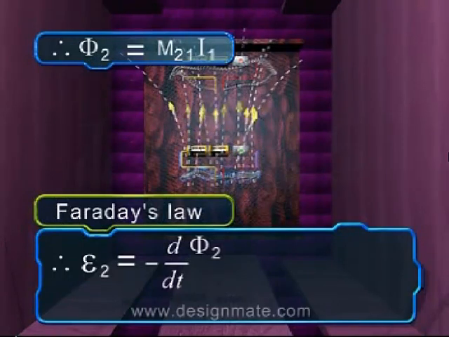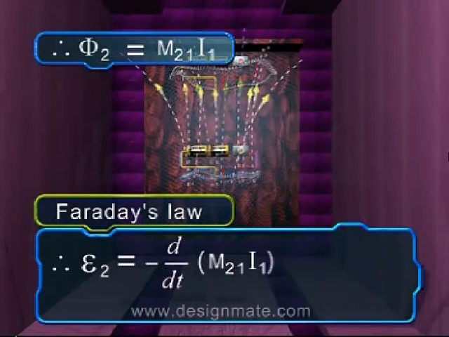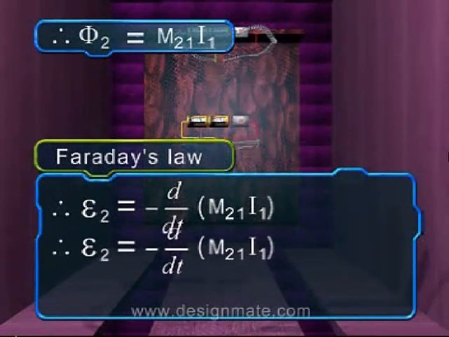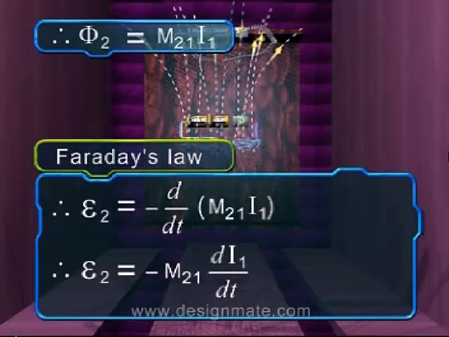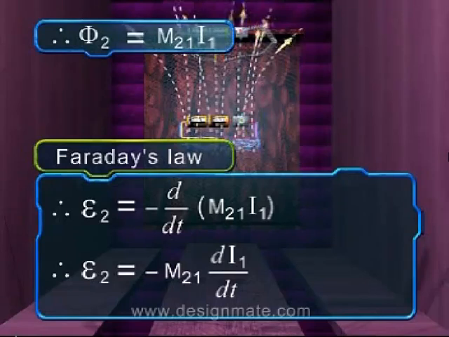That is equal to minus d upon dt into M21 into I1. Therefore, epsilon 2 is equal to minus M21 into dI1 upon dt.